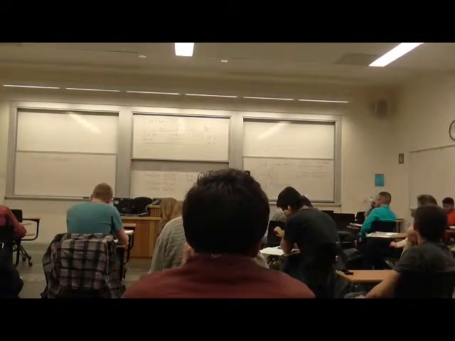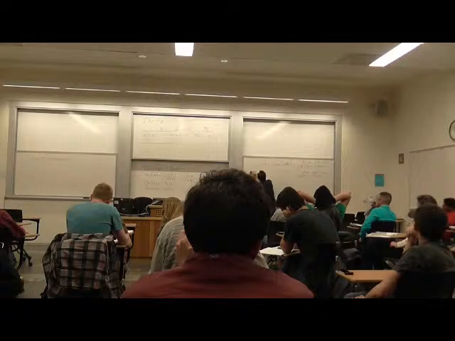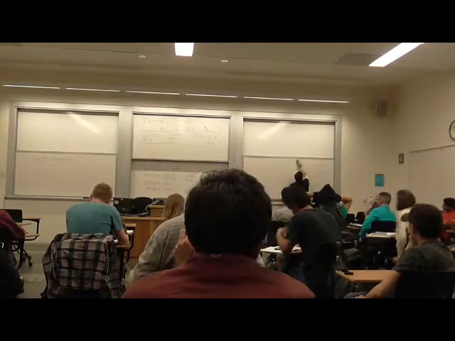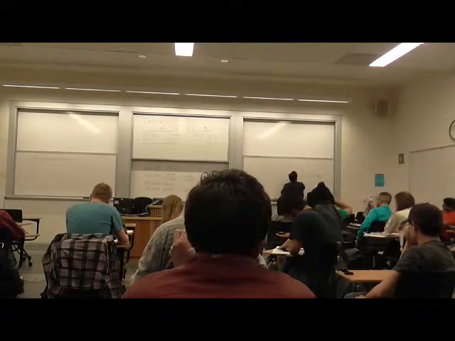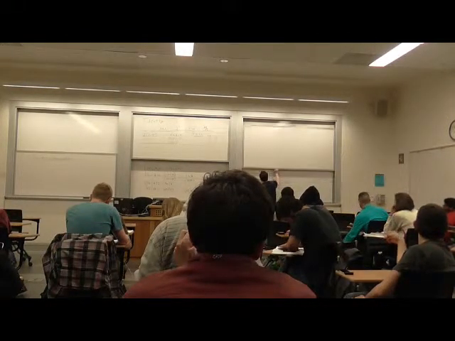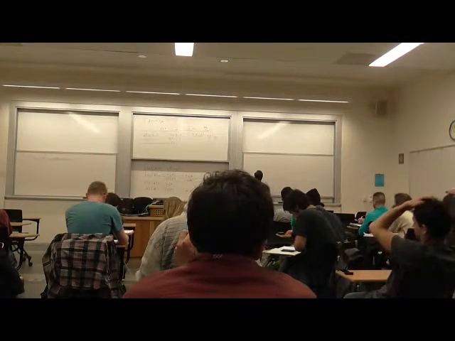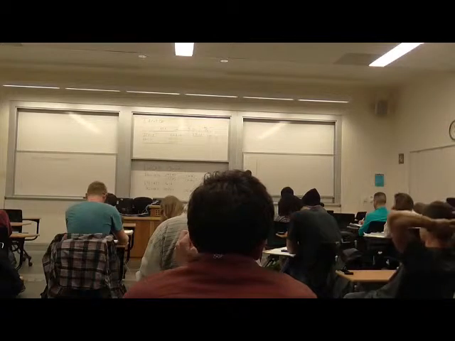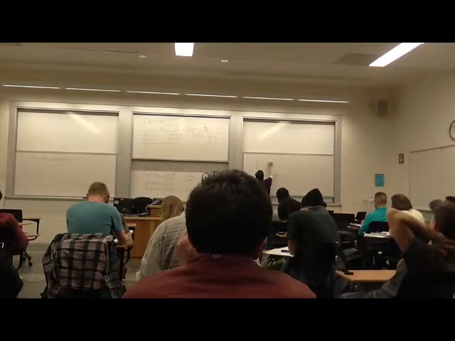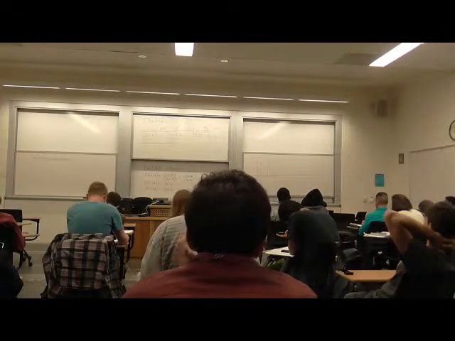The next set of identities are called co-function identities. And let's see what I mean by that. I'm going to draw a triangle here.